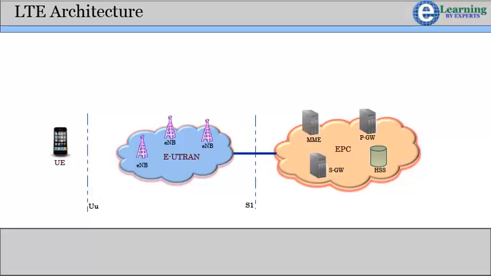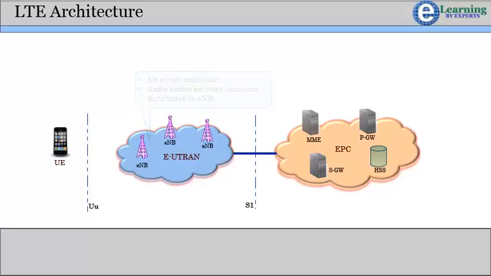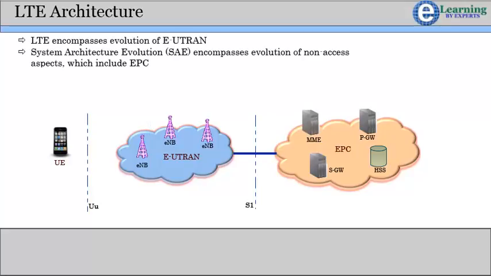A departure from pre-4G architectures, the E-UTRAN is notably missing a controller. All of the radio access network functions are distributed to the cell site equipment, the evolved Node B. The term LTE encompasses the evolution of the Universal Mobile Telecommunications System, UMTS, radio access through the Evolved UTRAN, E-UTRAN.